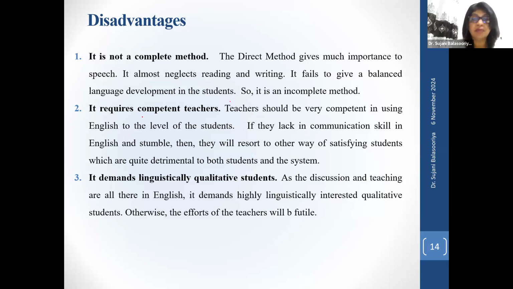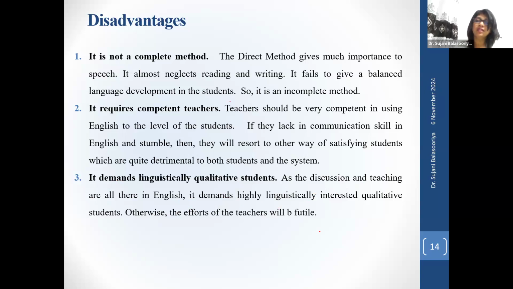Not only the competency of the teachers, but also the students' ability, right? Why is that? As the discussion and teaching are all in English, it demands highly linguistically interested, qualitative students. Otherwise, the efforts of the teachers will be futile.